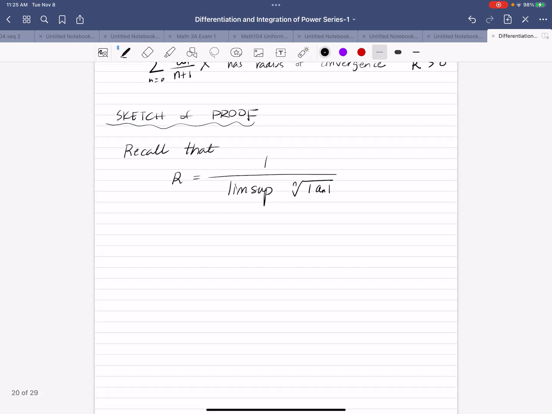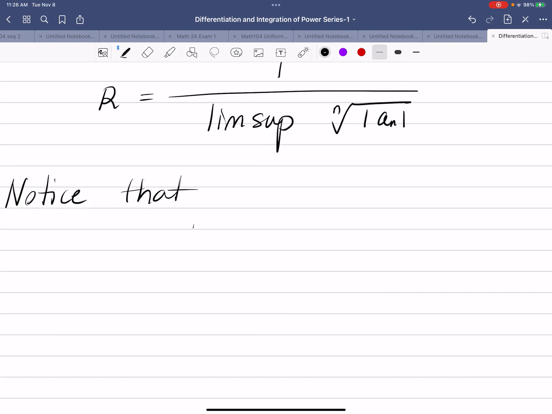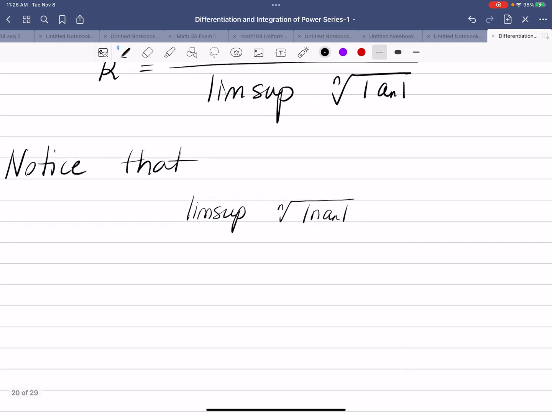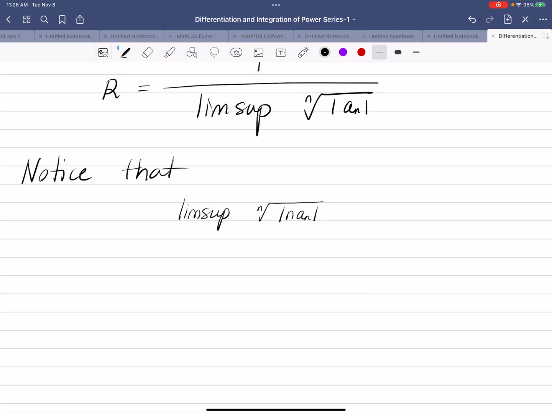So we'll just say, notice that the lim sup of the nth root of the absolute value of n times a sub n, well, it looks kind of similar to the denominator in our R, but let's just work with this a little bit.